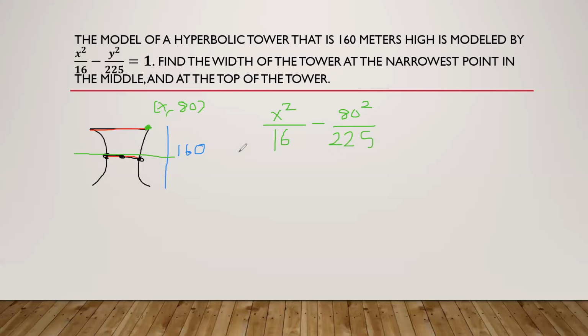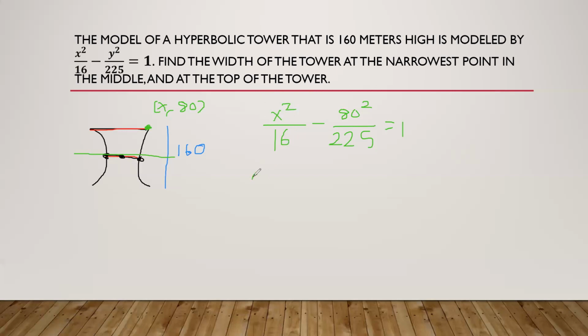Again, it's not 160, it's 80, because we put the transverse axis in the middle, which cuts the tower into halves. Now let's equate that to 1. After that, to find x, we simply have to isolate it.